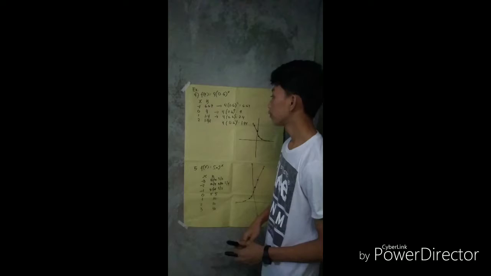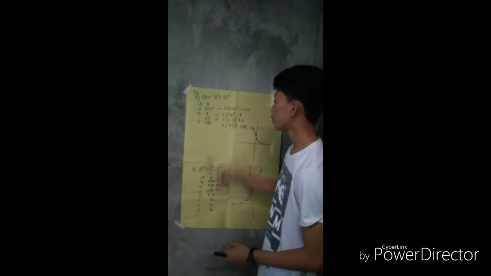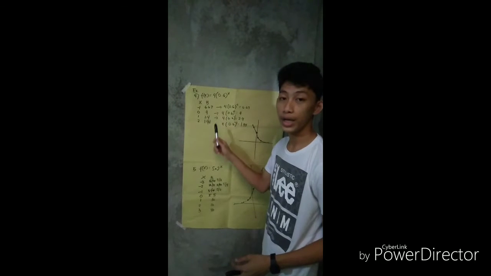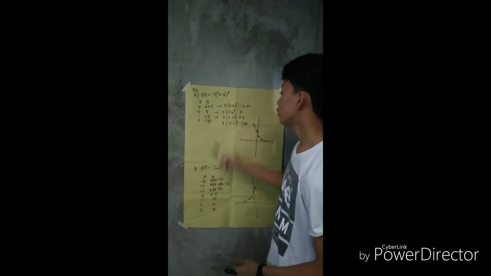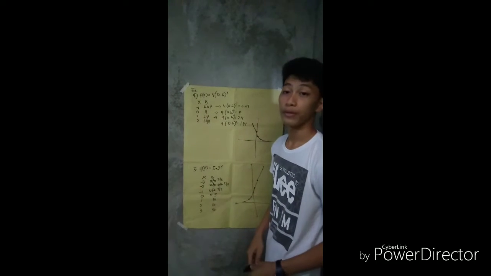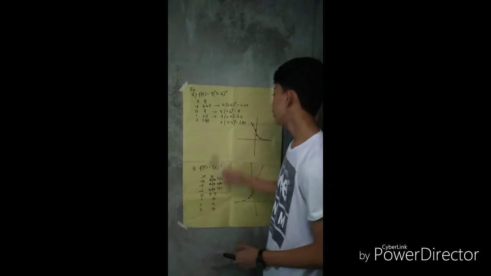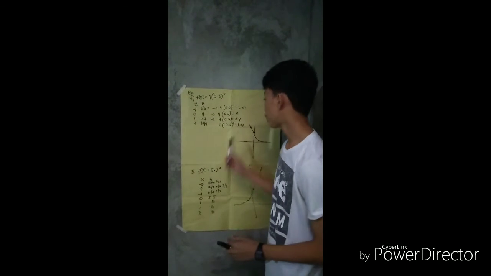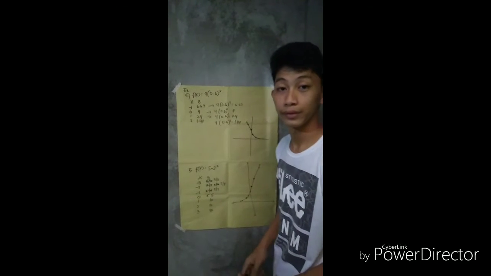And 4 times 0.6 to the power of 0 is equal to 4, because 0.6 to the power of 0 is equal to 1, and 1 times 4 is 4. 4 times 0.6 to the power of 1 is equal to 2.4. And 4 times 0.6 to the power of 2 is equal to 1.44. So here's our graph for this given.